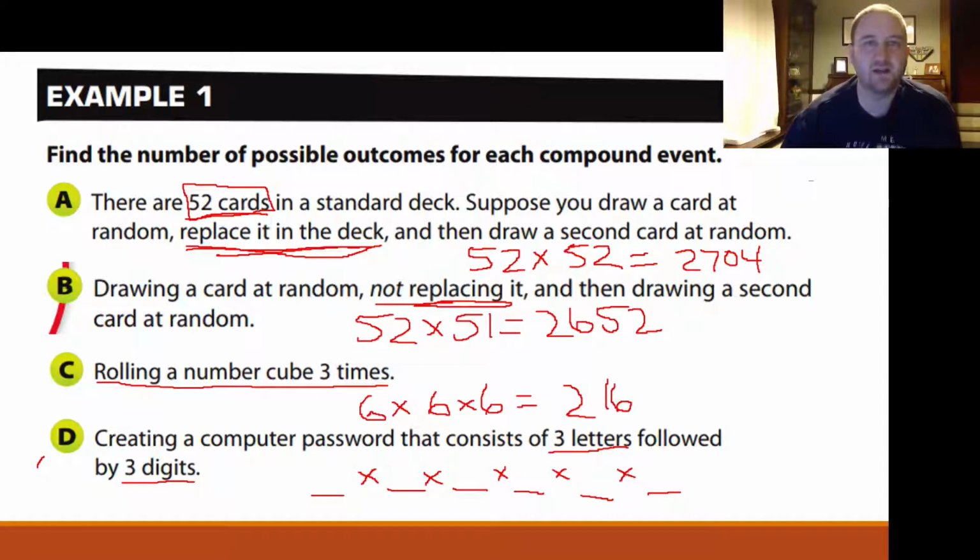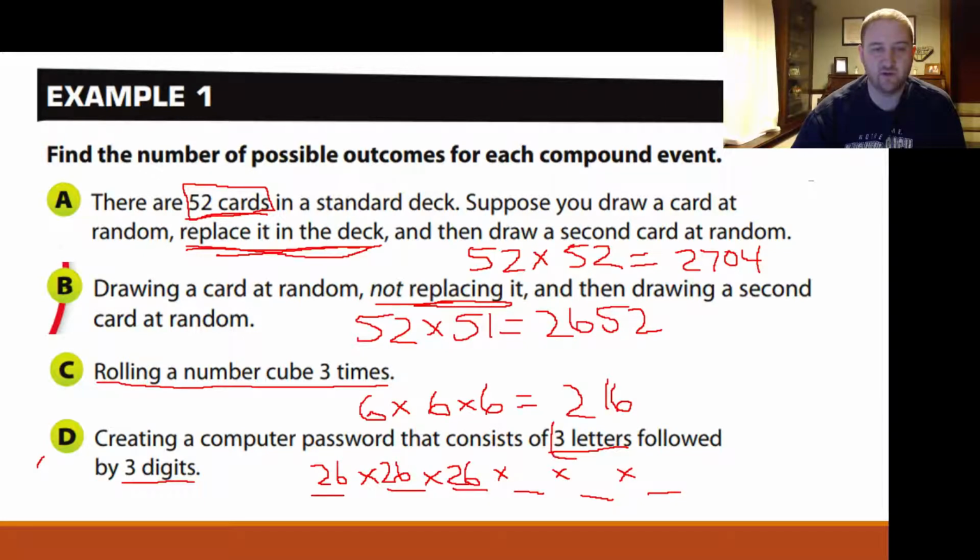So how many letters are there? How many possible letters are there? Well, if you count A through Z, there are 26 letters in the alphabet. So it's 26. Okay. Now we can have the same letter more than once. So for our first three, it's going to be 26 times 26 times 26.